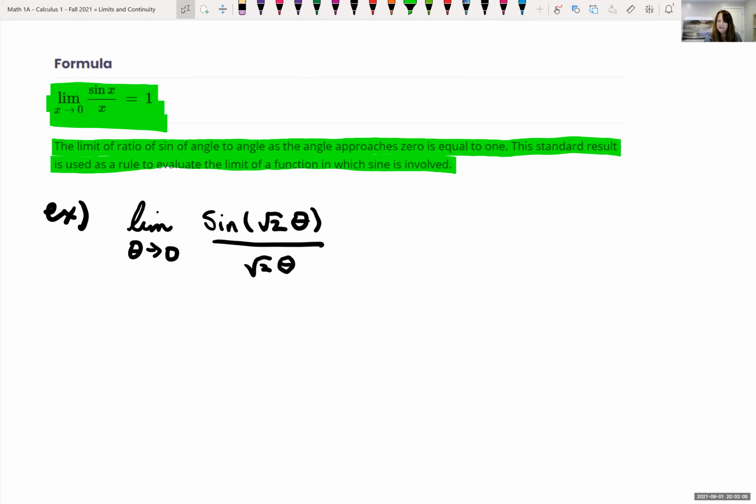So it's telling us that whatever angle we're taking the sine of, the ratio of the sine of the angle and the angle as it approaches 0 is 1. So this is the same. This is going to give us back 1.